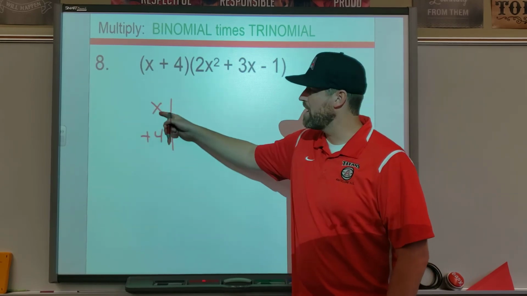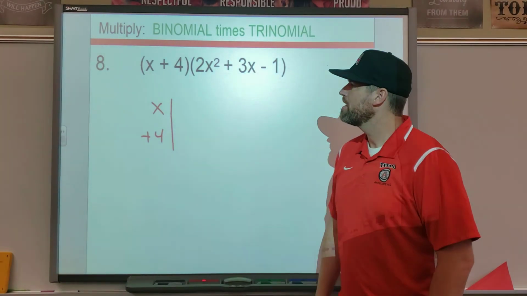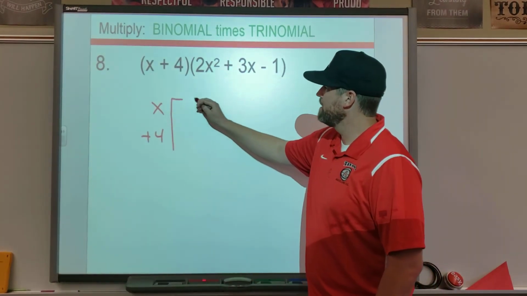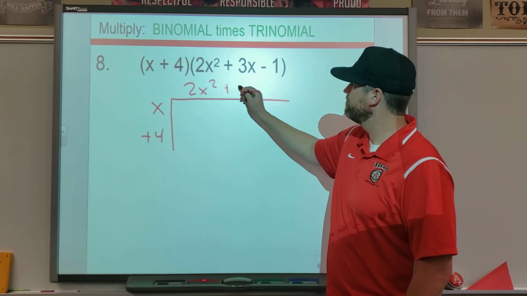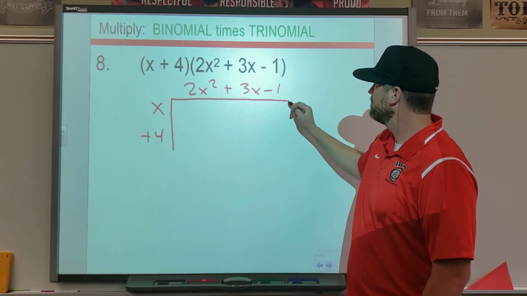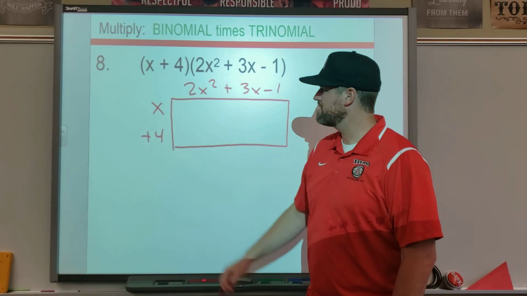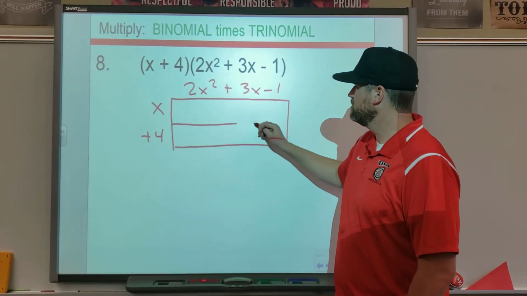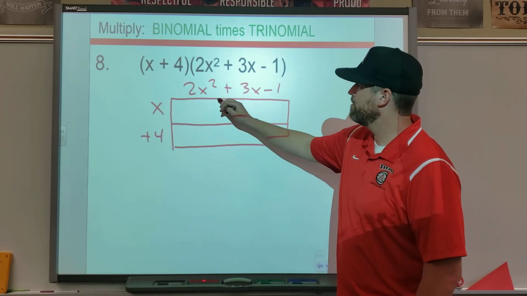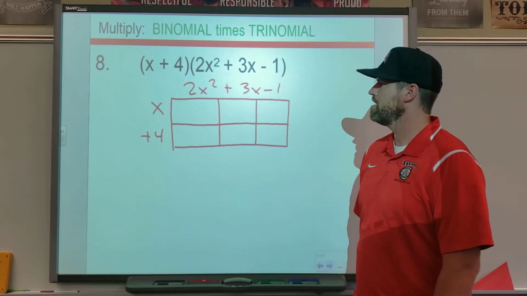If you wanted to put the trinomial here, that's fine too. But then if I put my binomial there, I need to put my trinomial along the top. And so my box, instead of being a 2 by 2, is now going to be 2 rows by 3 columns.